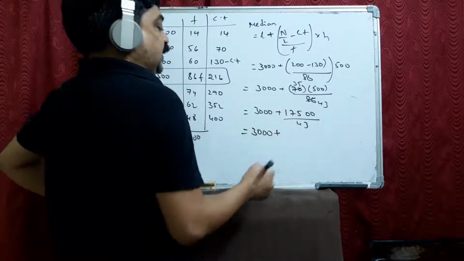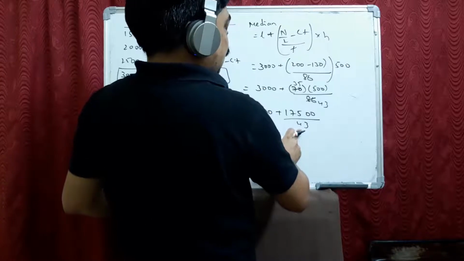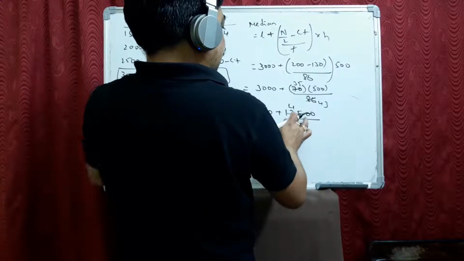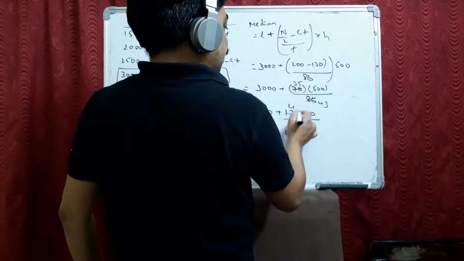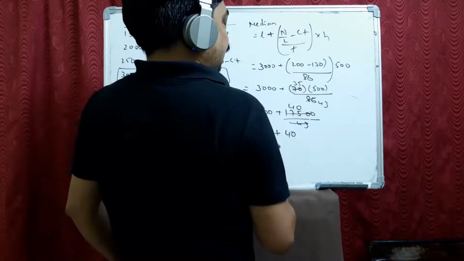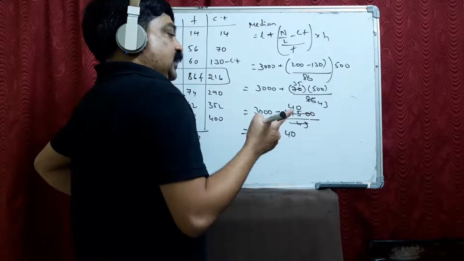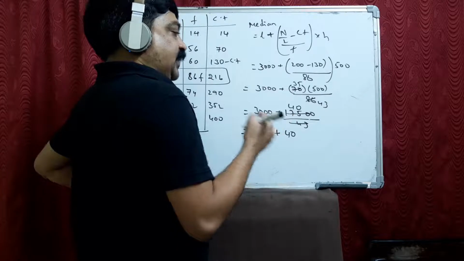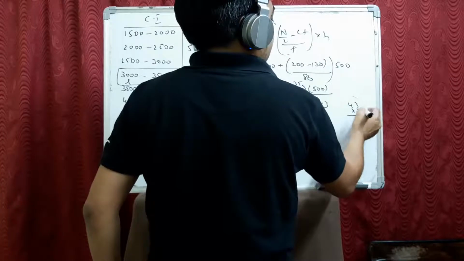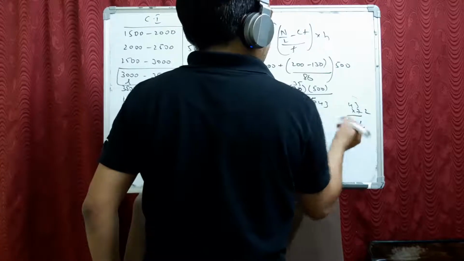When you divide that, you will get approximately 43 into 4 is 172. The remainder becomes 30, so it becomes 0. One more 0, 300. 300 means 43 into 6, since 7 exceeds.